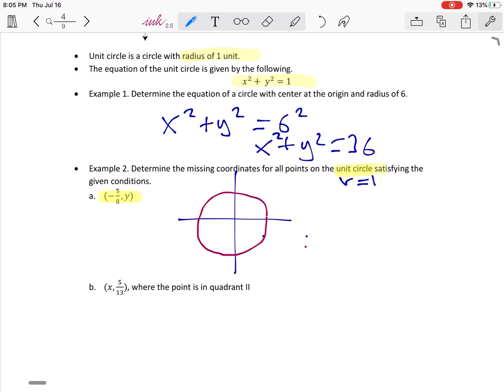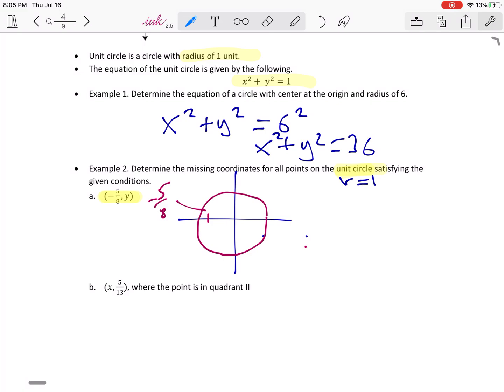It says negative 5 over 8 and y. Negative 5 over 8 is going to be on this side of the x-axis. So let's say this is negative 5 over 8.